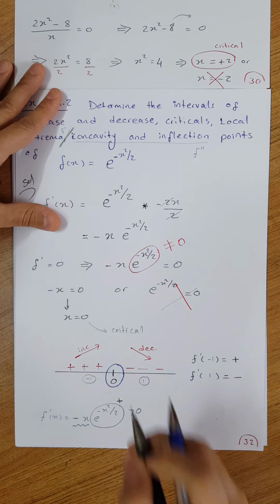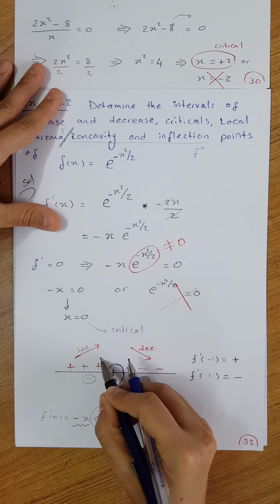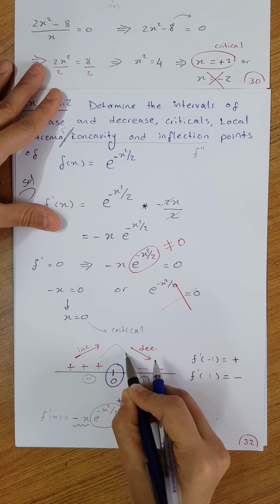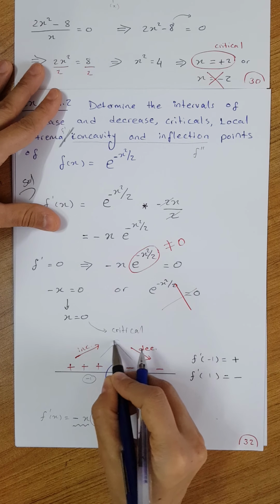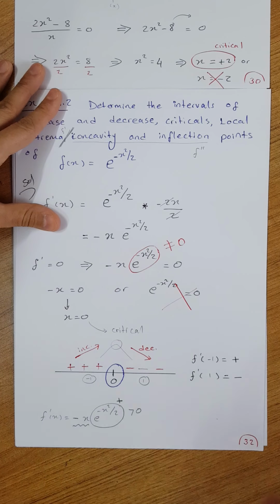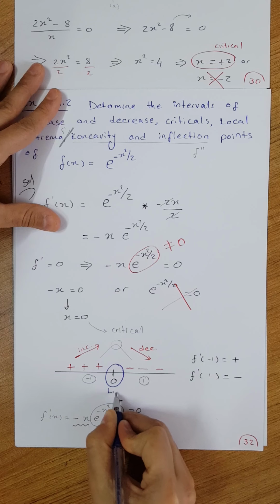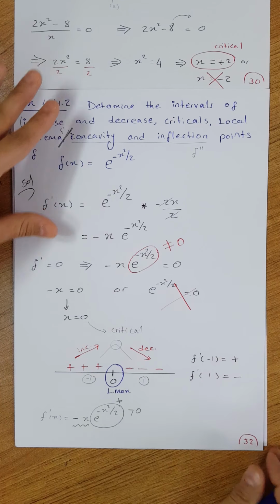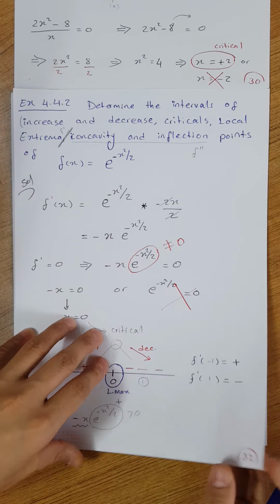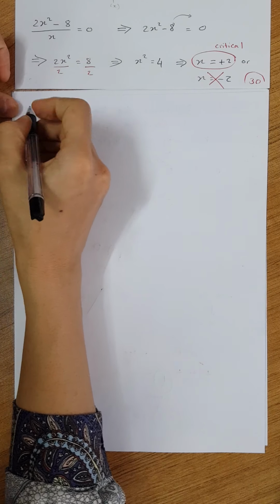If you look at that function, from the left side it is increasing and from the right side it is decreasing. So what would that point be? Of course, that's the peak, so that will be the local maximum for the function. Now we are done with local extrema, critical numbers, and the intervals of decrease and increase.